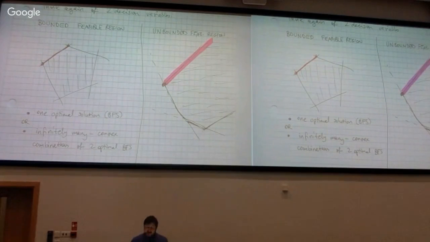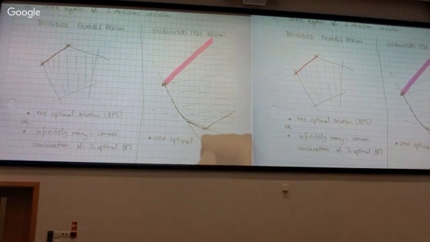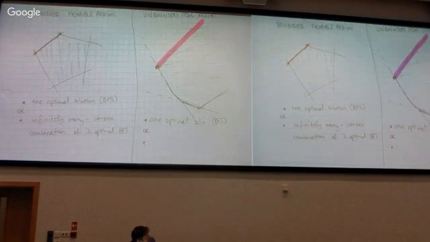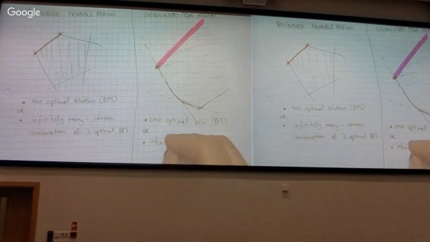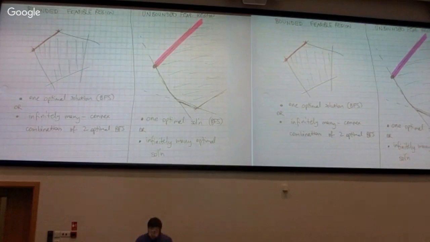So if you have an unbounded feasible region, then you can either have one optimal solution, which is a basic feasible solution, or you could have infinitely many. In this case, it could be a line segment right here.